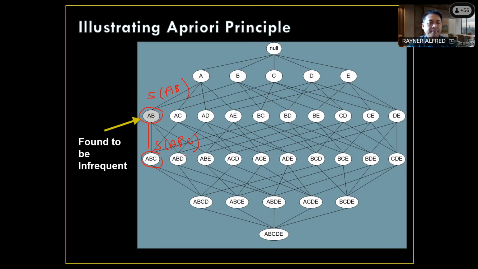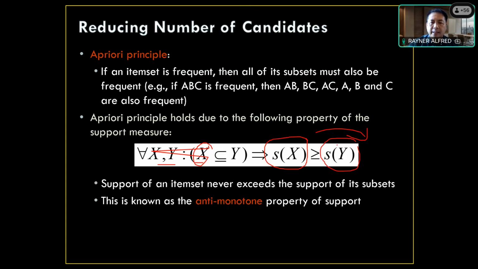Based on that assumption, if this is not frequent, then its supersets are no longer frequent, because the support of AB is always higher than the support of its superset. AB is a subset of ABC, ABD, and ABE. So that's what it meant here.